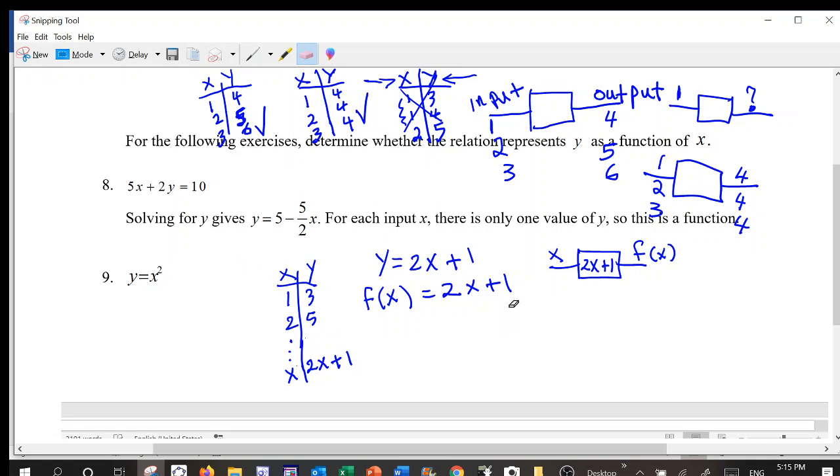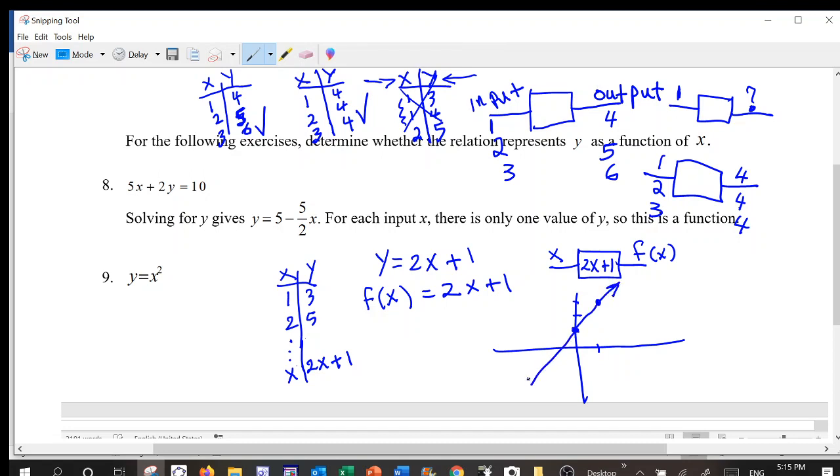So now, can we represent a relation differently? We can represent relations or functions with tables, with algebraic equations, or in the coordinate plane, we can graph this. As you know, we can go to 1, that's the y-intercept, and go up 2, and right 1, and then graph it.